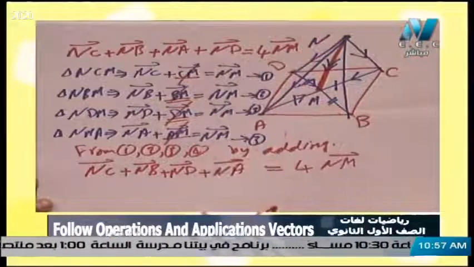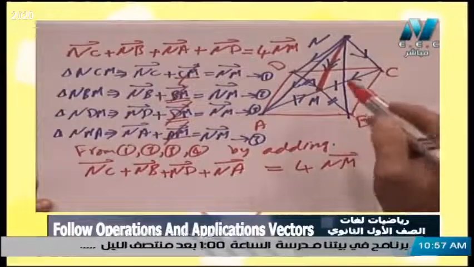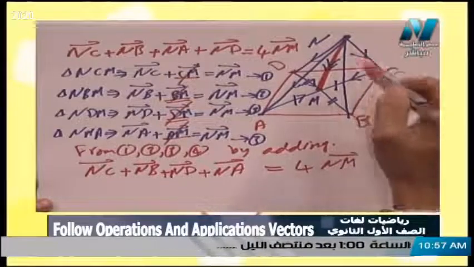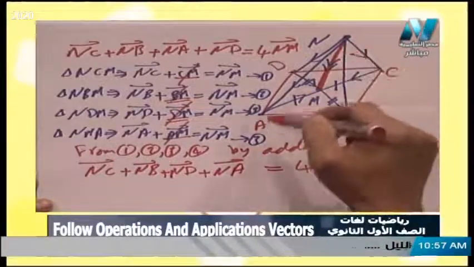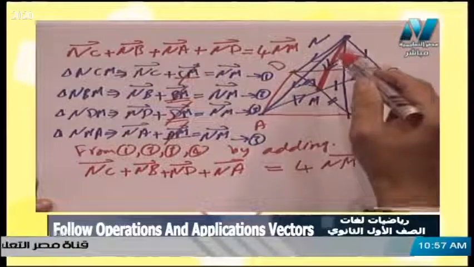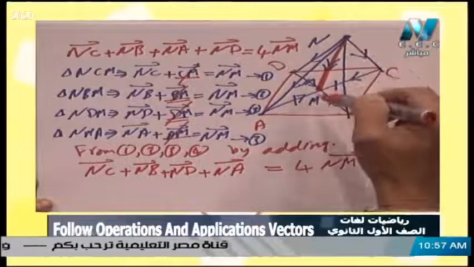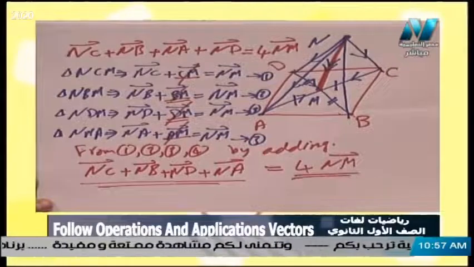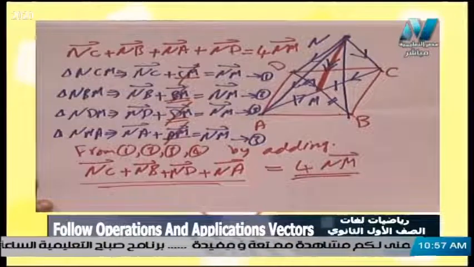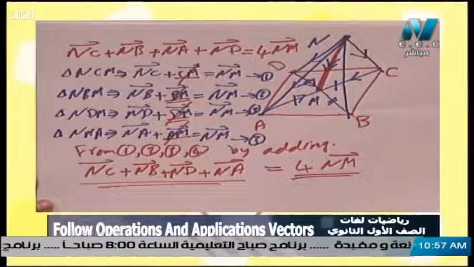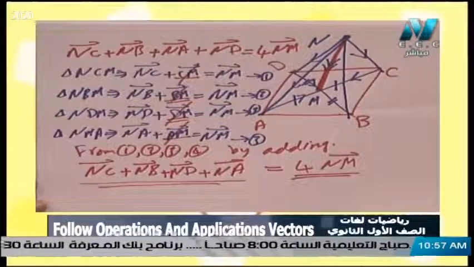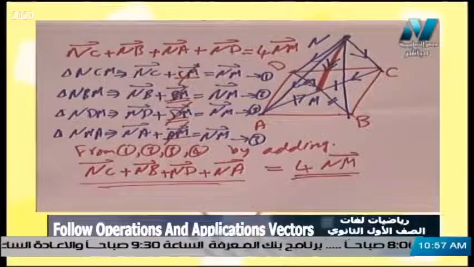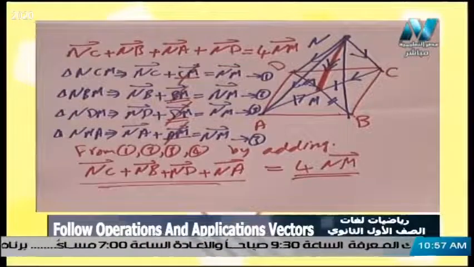The request here was to prove that the vector NA plus the vector NB plus the vector NC plus the vector ND equals 4 times the vector NM, and we have this proof now. So now it's very easy for you, but you have to solve it again by yourself, and inshallah it will be easy for you.